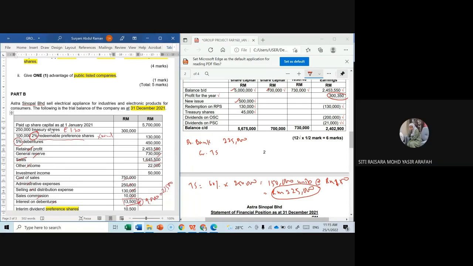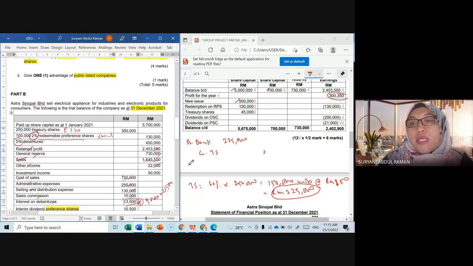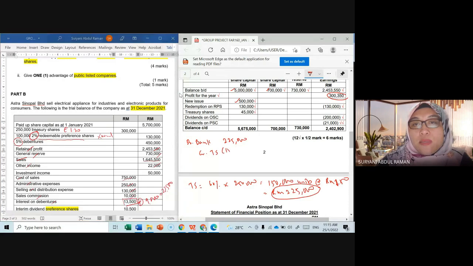So you dah keluarkan berapa unit? You dah keluarkan 150,000 unit pada harga RM1.20. So berapa you dah keluarkan daripada treasury shares? RM180,000. Betul tak? Betul, madam.